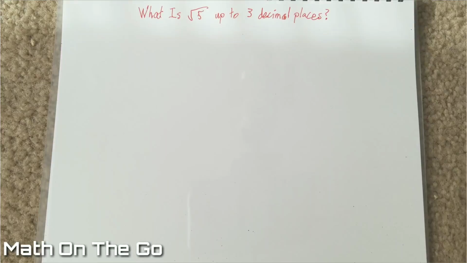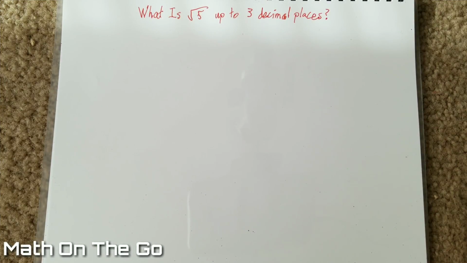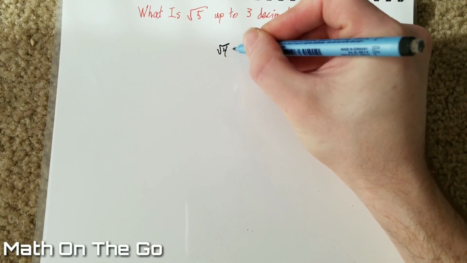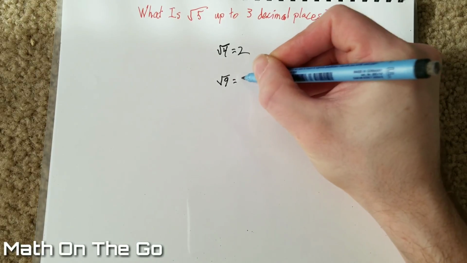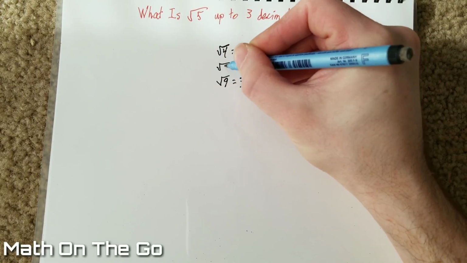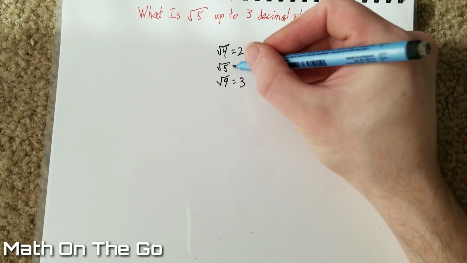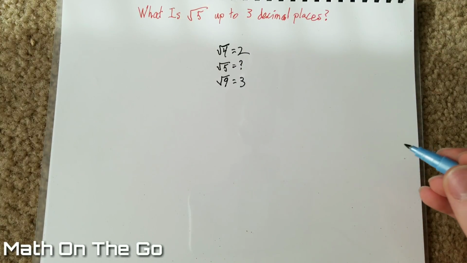So let's think about this for a moment. We have the square root of 5, and we don't know what it is in decimal form. Let's consider what we do know. We do know that the square root of 4 equals 2, and the square root of 9 equals 3. The square root of 5 is somewhere in the middle. But where is it?